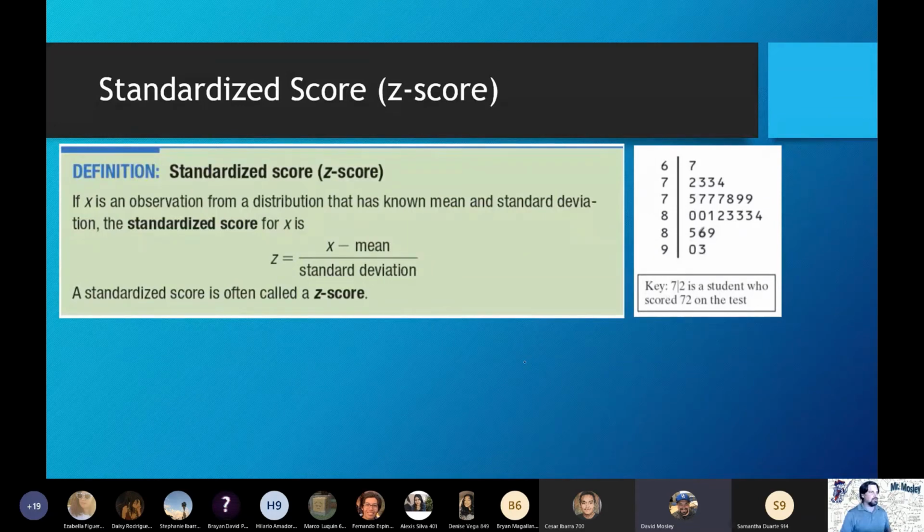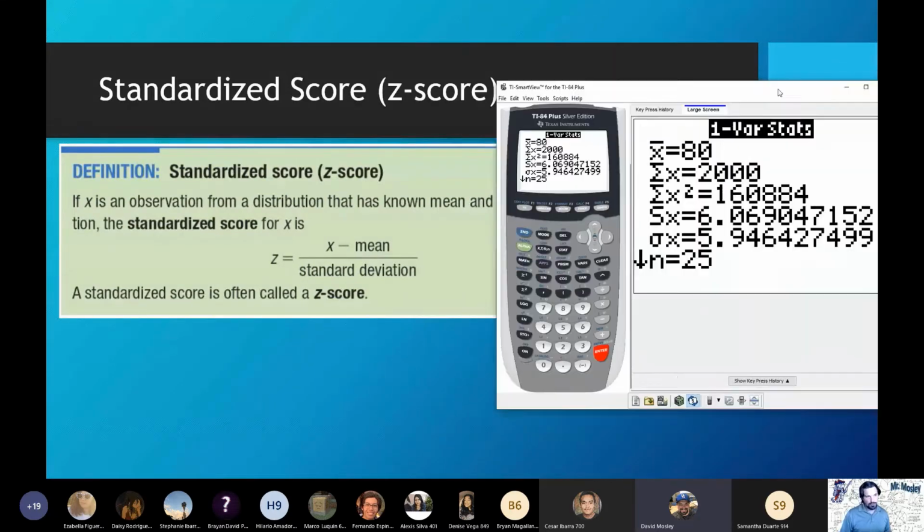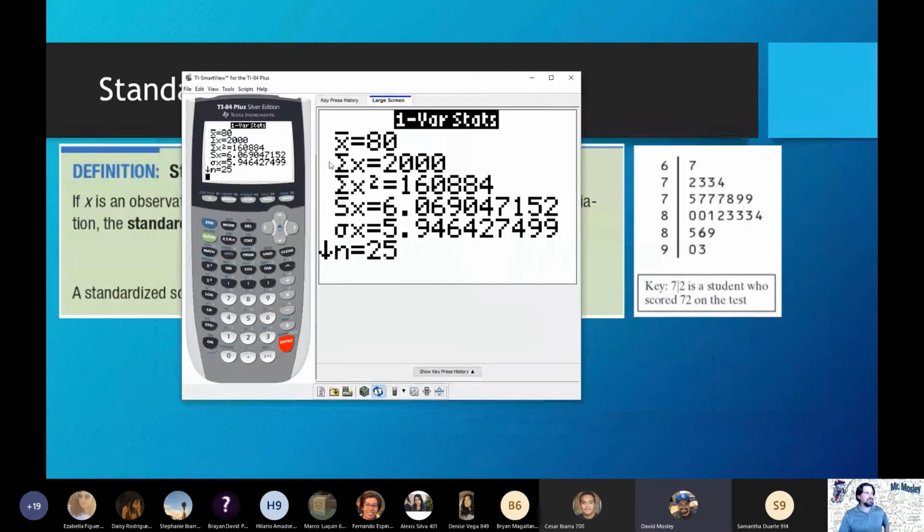So we put all this stuff in our calculator, we made the list, added in our 25 data points, and then asked the calculator, hey, find me the values, right? We did our one variable statistics.